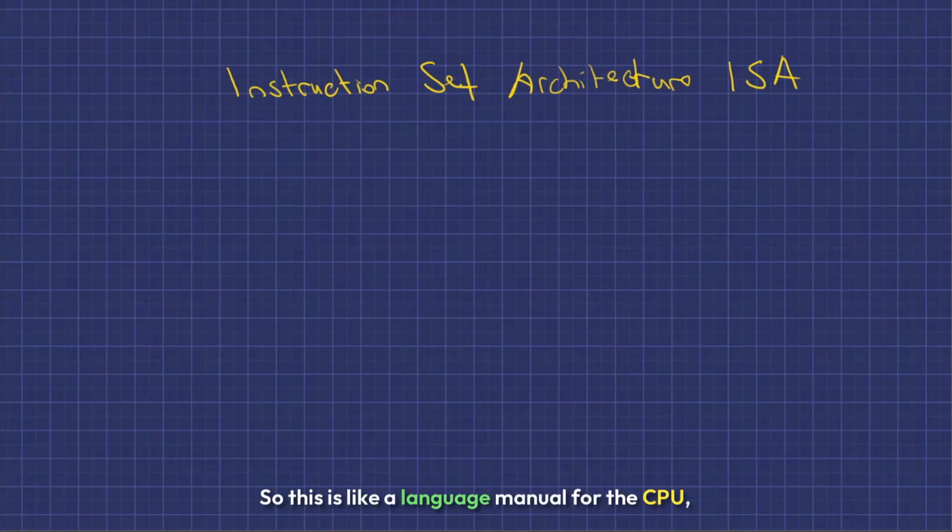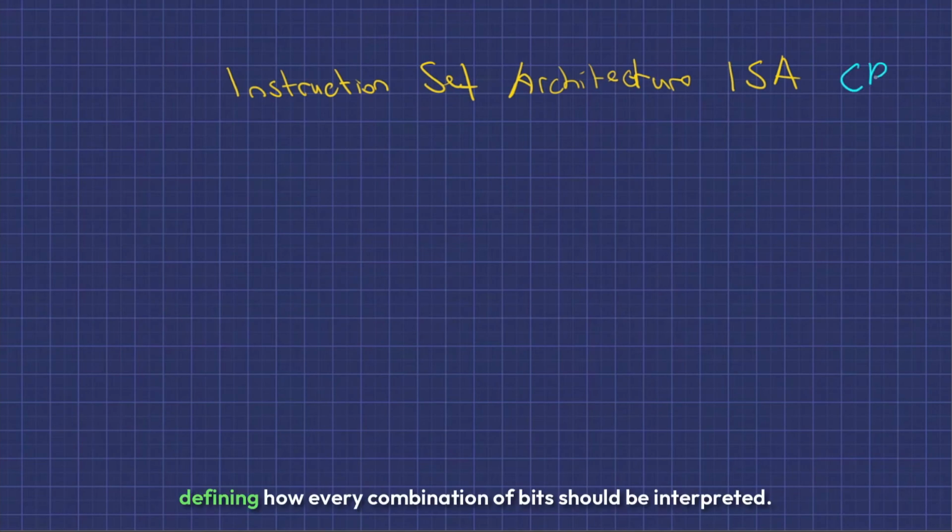This is like a language manual for the CPU, defining how every combination of bits should be interpreted.